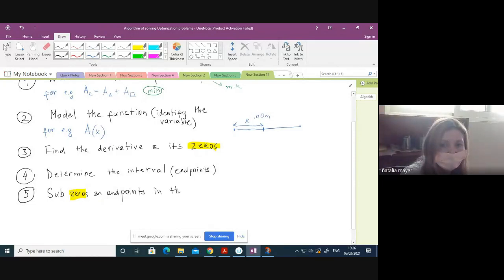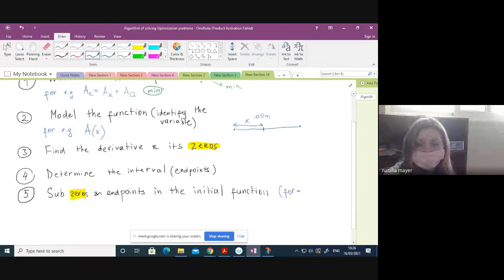What is important in the initial function? In this case, it's the equation of area, the initial function. So I'll add a comment: for example, in this case, it's the area function.